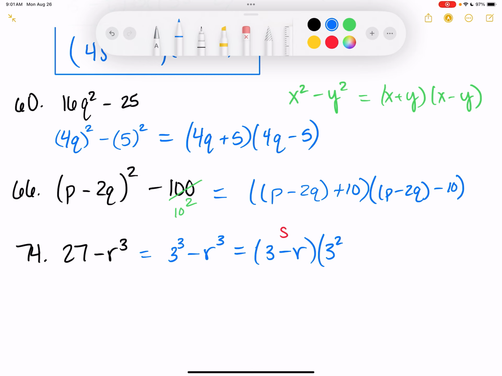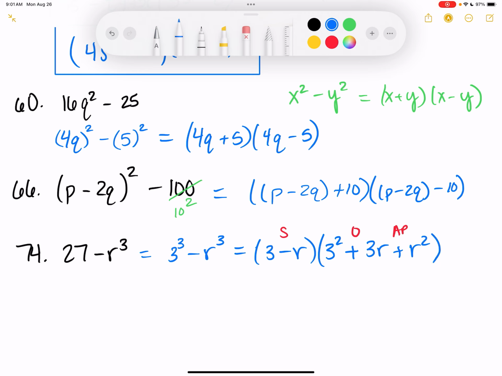So same sign. The next one is opposite sign, so it's going to be a plus. The first term times the second term, so 3r. And so that was my opposite sign. And then lastly is always positive, and that's the last term squared, so r squared.